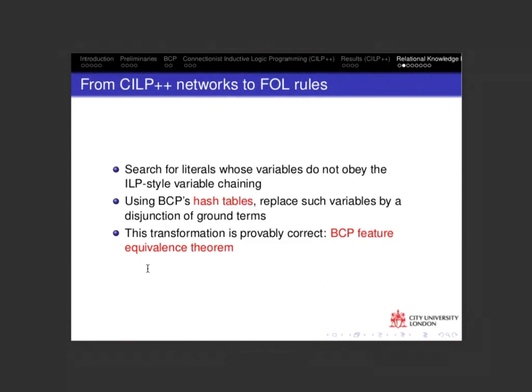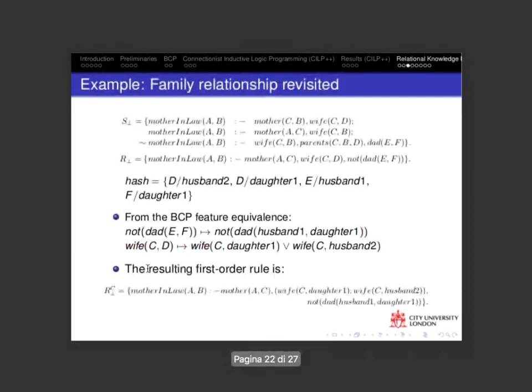So one first approach was to go back to those hash tables and search for literals whose variables do not obey such chaining, and then replace such variables by disjunctions of ground terms, and show that this transformation is correct. And this was also in the paper. And here we have the same example with the positive and the negative examples.